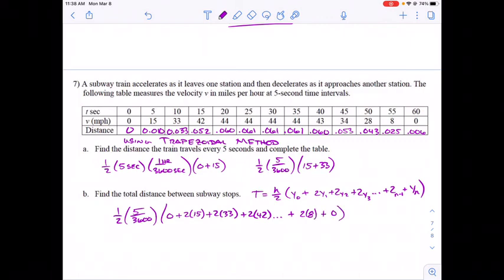Add all this up, and this is going to give us 0.526 miles. That's the total distance the train has traveled. All right, so that concludes our lesson on straight line motion revisited.